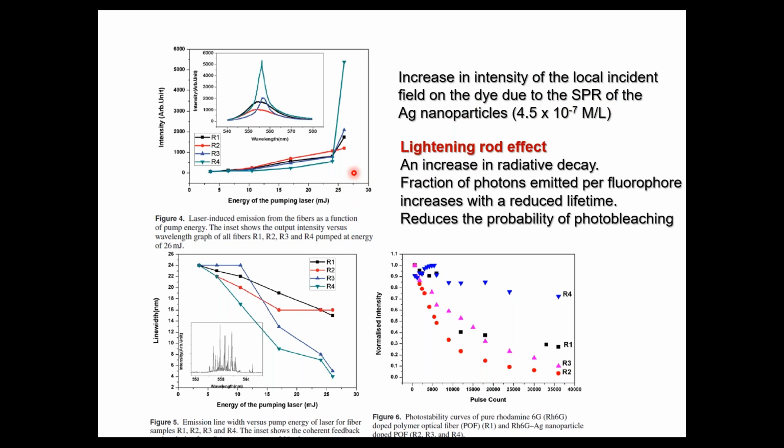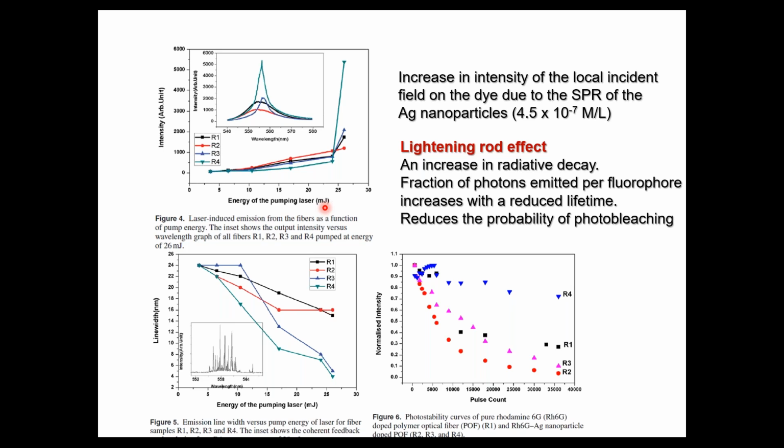Once that happens, the radiative decay will increase the field around the Ag nanoparticles. The silver nanoparticles will be much larger. The local field enhancement happens around the silver nanoparticles, and whatever fluorescent molecules are sitting very close to such nanoparticles will be more efficiently excited. In a way, it is an indirect excitation, not a direct excitation.